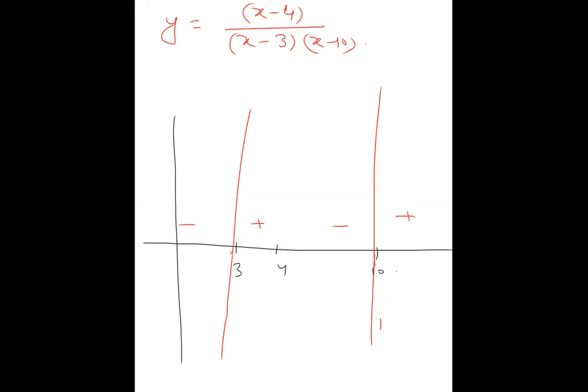We know that at infinity, x tends to plus or minus infinity, y tends to 0. Why? Because the power of the denominator is more than the power of the numerator. Now drawing the graph, something like this. Is it okay to everyone?